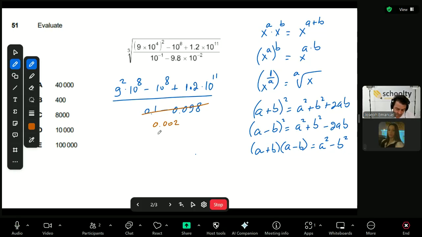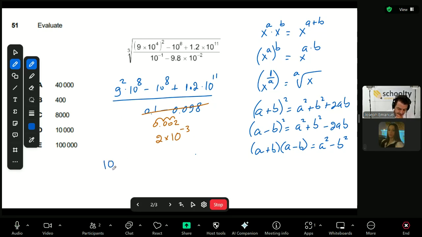It can be written as 2 multiplied by 10 to the power of minus 3, because 1, 2, 3. Okay, let's continue. Let's take it from here. Let's take the 10 to the minus 3 to the denominator.